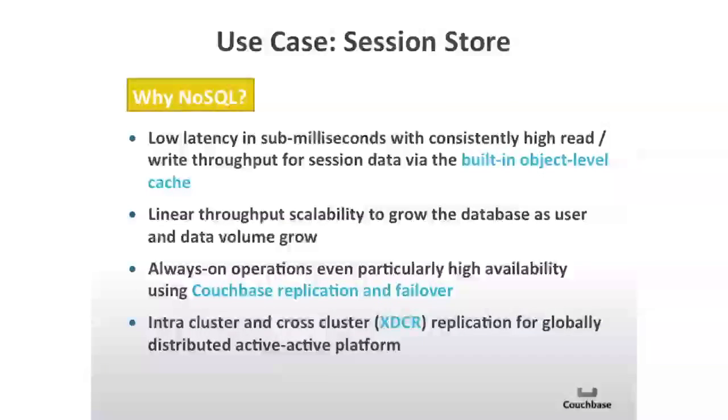Some of the features they use here are the built-in object cache, which gives low latency, fast response, sub-millisecond response time, and linear throughput scalability to grow the database as the data volume grows. There are a couple of benchmark reports from Altoros, Cisco, and HP, all on our website.